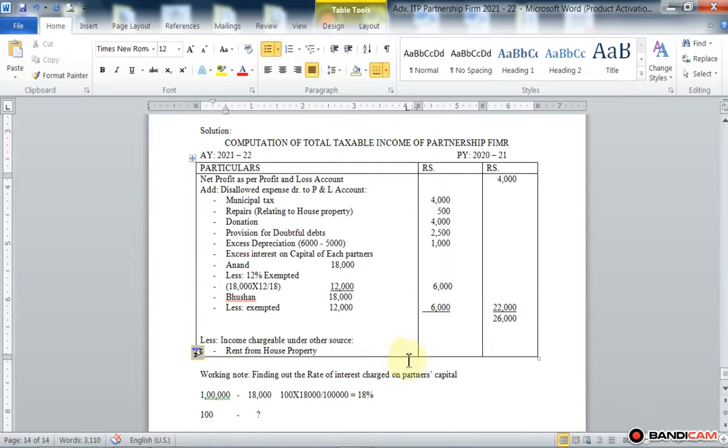In the inner column, amounting to rupees 12,000.